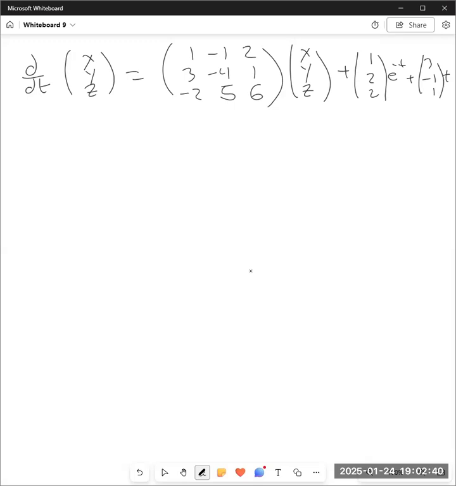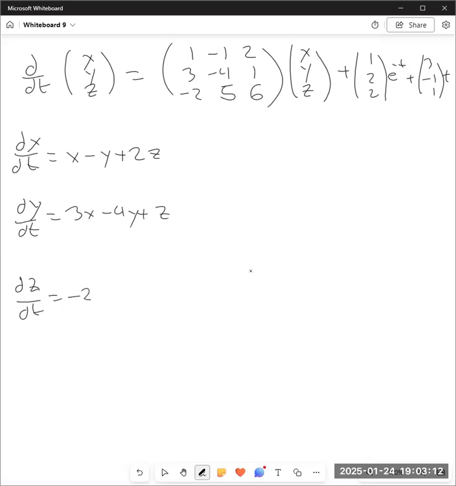So that's a lot to even write on the whiteboard, but we're going to write that in a form without any matrices. So this is going to be dx/dt, dy/dt, and dz/dt. This is x minus y plus 2z. This is 3x minus 4y plus z.